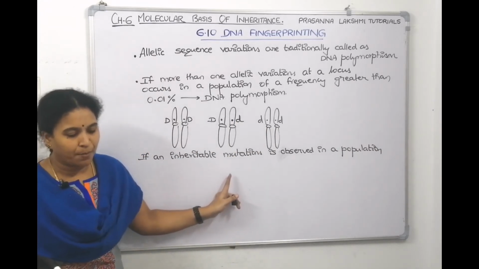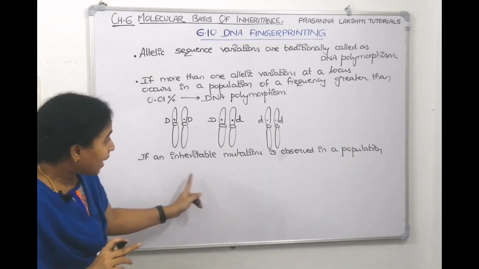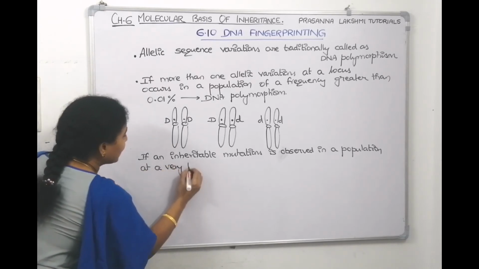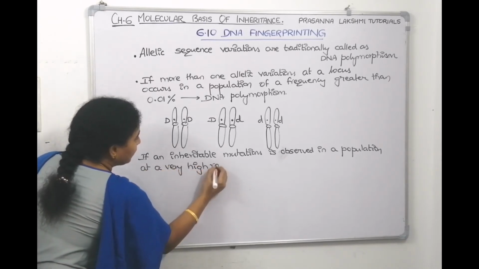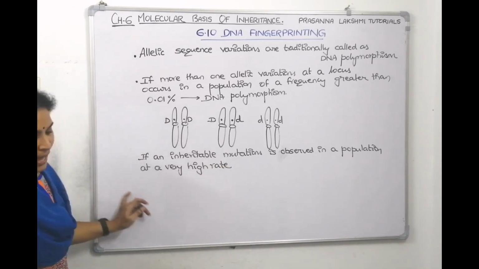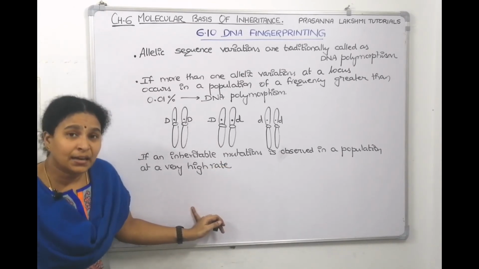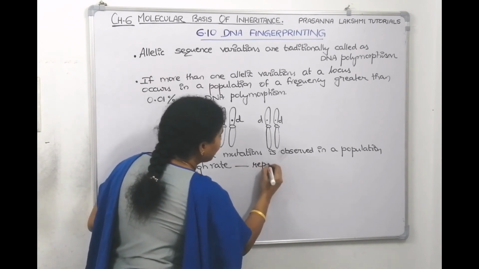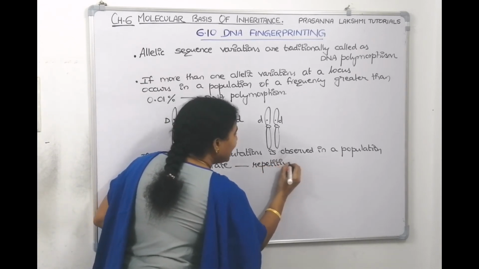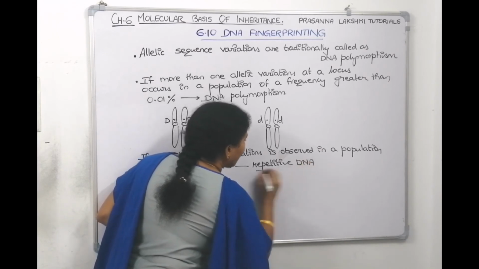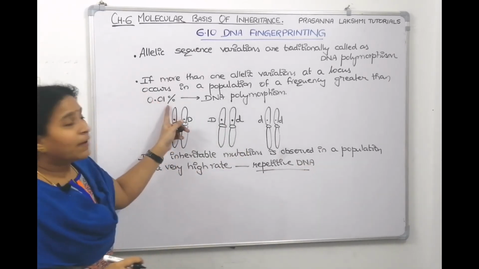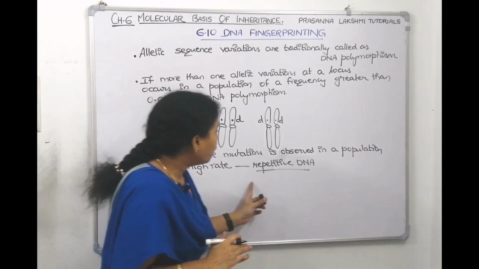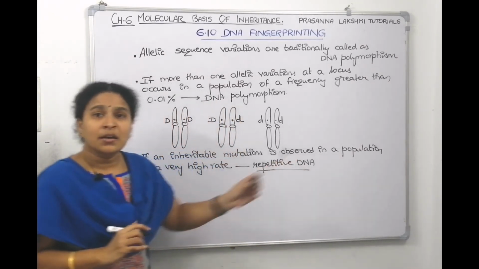Now, if they are observed in a population at a very high rate, then what is it called? It is called repetitive DNA. So, you are observing that this DNA is appearing in the population at a very high rate, then it is called repetitive.